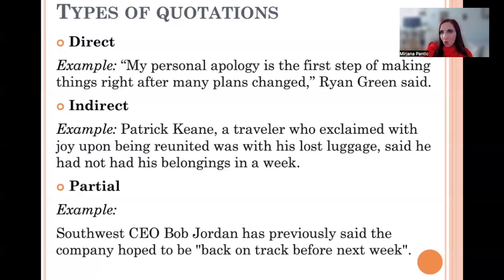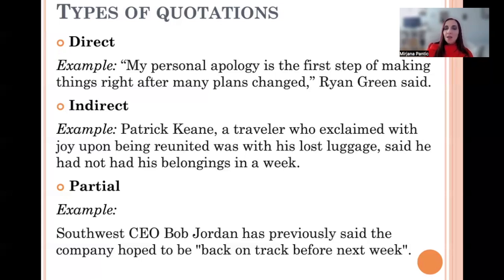So we will just ignore it, because it is so important to use this quote in our story, but we also cannot change anything that the person said. We need to quote them word by word. Then we're going to leave it this way. My personal apology is the first step of making things right after many plans change, Ryan Green said.